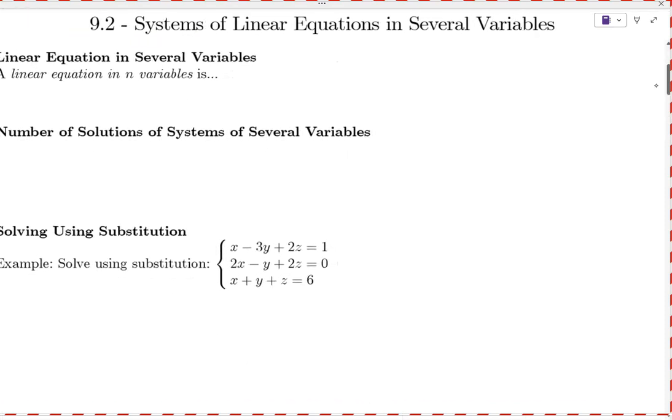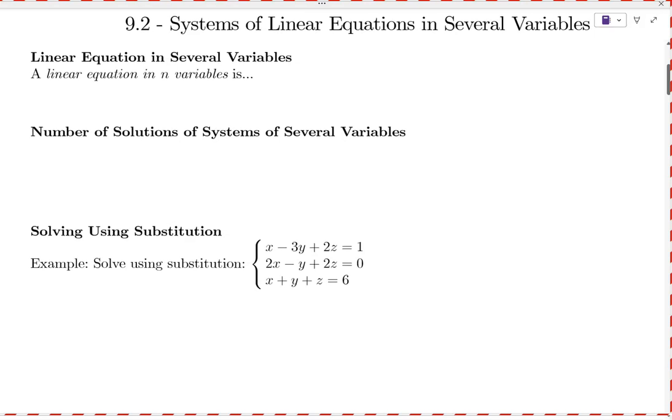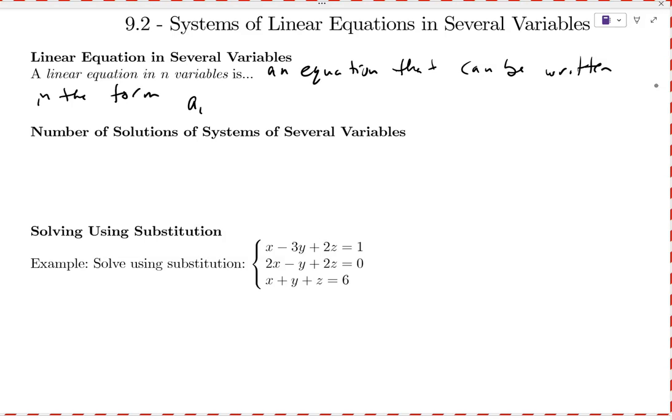So all we mean by a linear equation in n variables is that it has the form, we write it as a1x1 plus a2x2 plus up to anxn equals some constant.